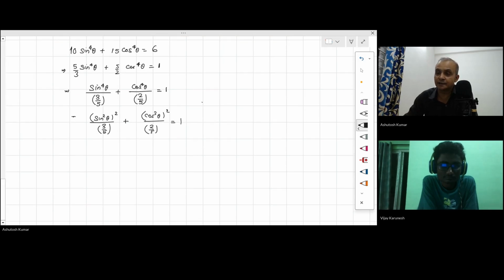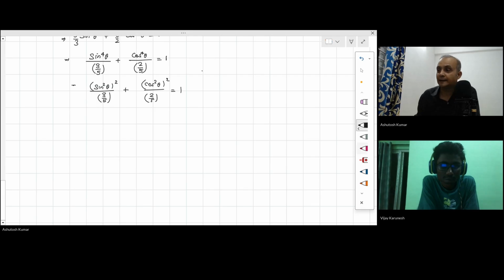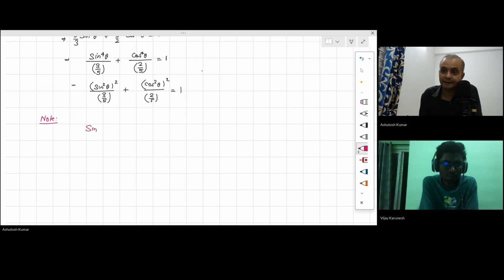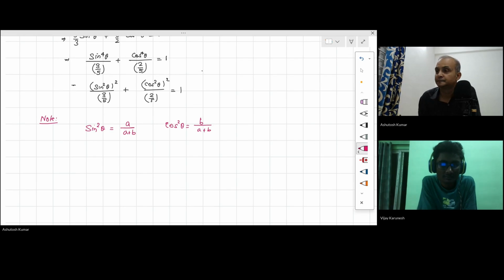So let's try to understand. The idea is very simple. It is a note, and always keep in mind that if I take sine square theta as a by a plus b, I have to take cos square theta as b by a plus b. Then only the sum will become 1.